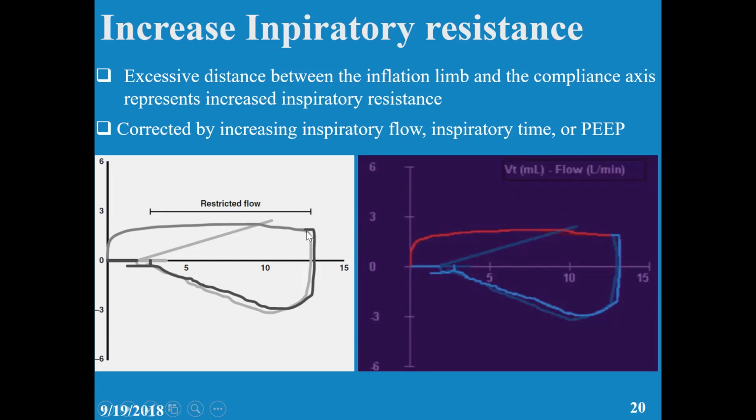We're just plateauing the flow during inhalation. So we have an inspiratory problem. How do we improve it? We give it more time, or we increase the PEEP, or we give higher flow. Clear?